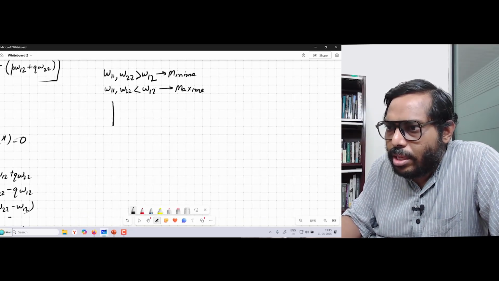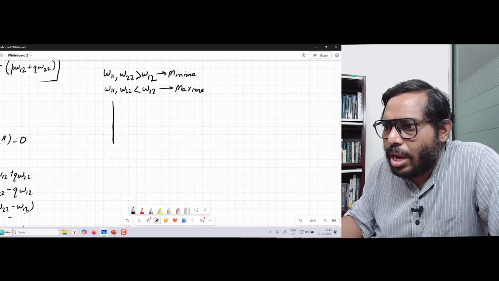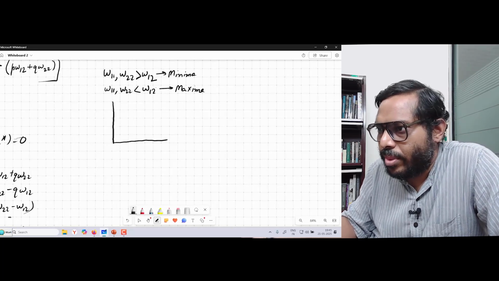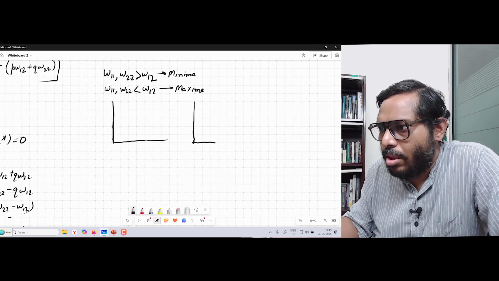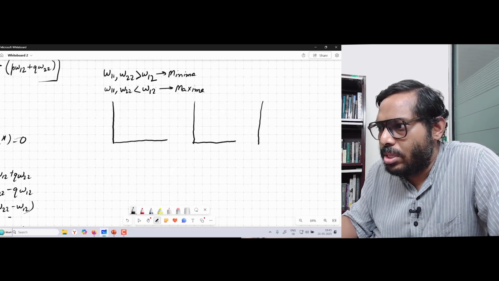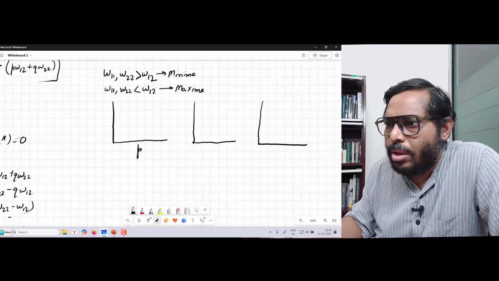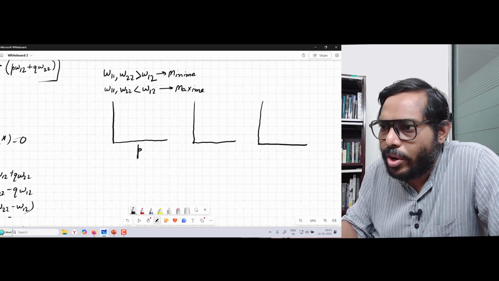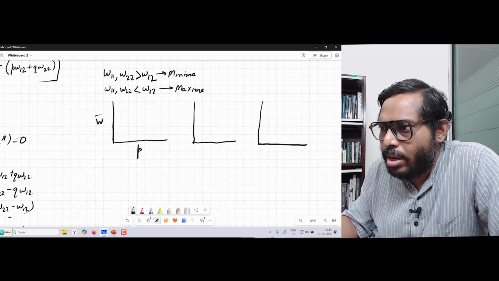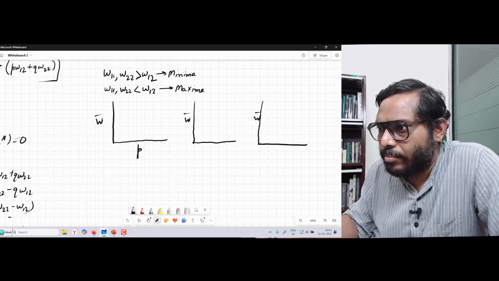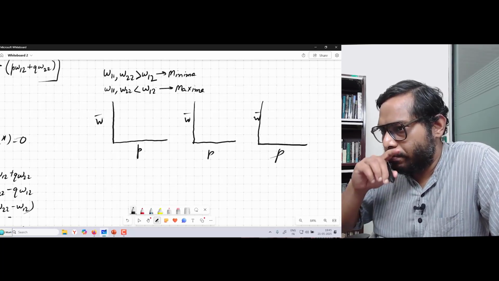So, as I said, you can have 3 kinds of graphs over here, okay. In all these graphs, we have P, the allele frequency of allele A1, on the x axis, and we have W bar on the y axis, okay.